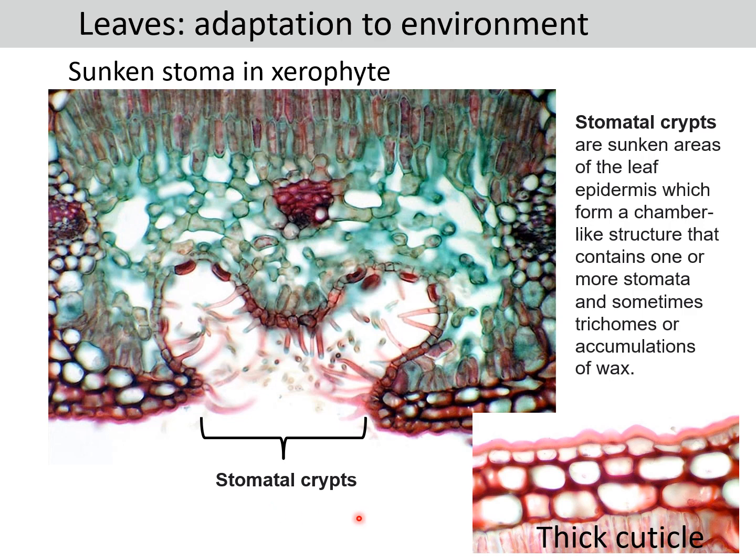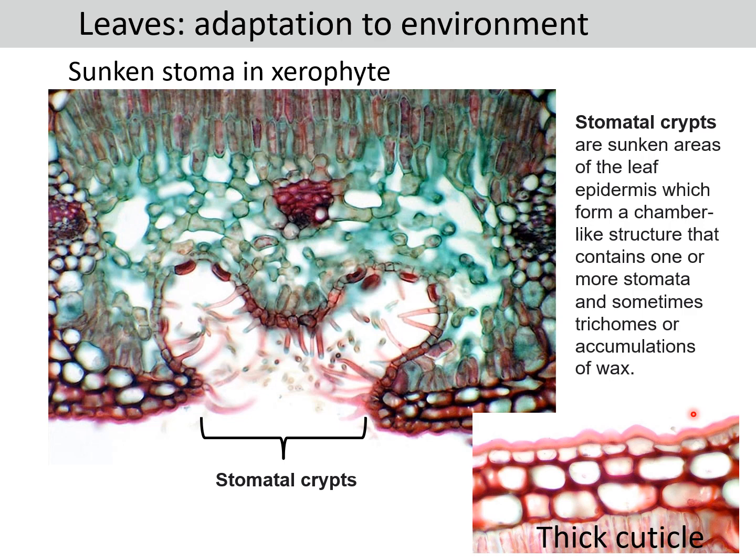What is a sunken stoma? The term sunken refers to something that is hidden. So sunken stomata are not directly visible on the leaf surface. Here, this is the leaf surface. They are far beneath the epidermis. Xerophytes have sunken stoma to prevent water loss from the plant, and they are often enclosed and partially covered by thick cuticle.